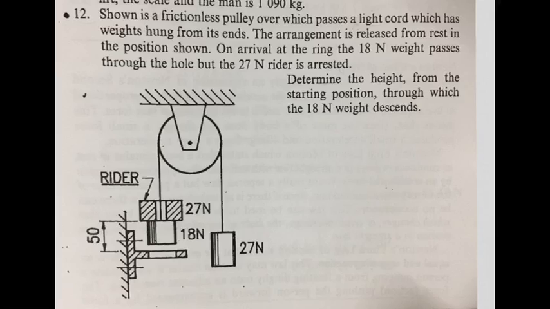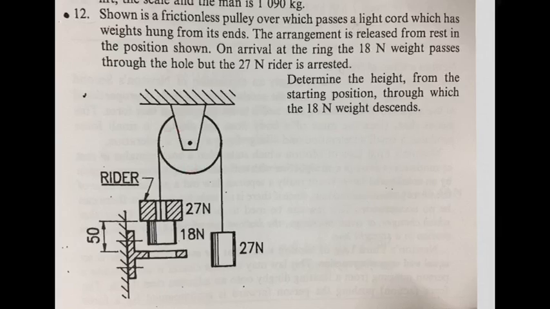Now to start off with, it's obvious that the left hand side has more weight than the right hand side. So 27 plus 18 is definitely more than 27. So the moment I release this lot, it is going to move down and up anti-clockwise. Let's do that again. These two weights are going to go downwards, this weight is going to go upwards, and this pulley is going to rotate anti-clockwise.